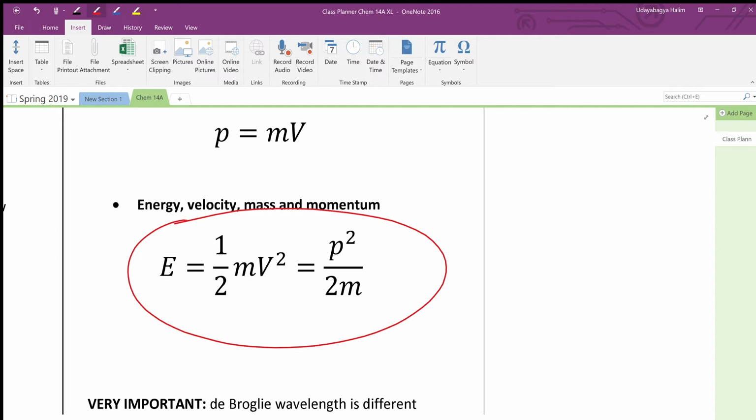So let me highlight the difference on the board here between the two. If you have a photon, one, it has no mass, and two, it moves at the speed of light.